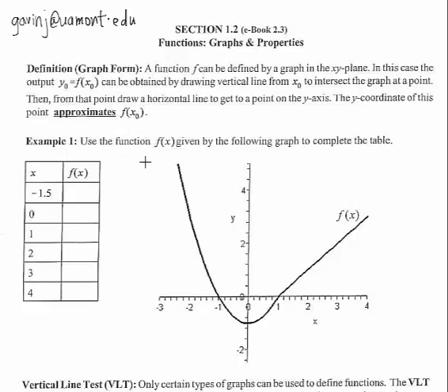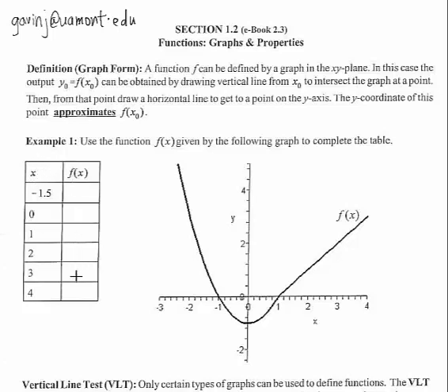Okay, so example 1, we are given a graph of a particular function f of x, but we are not told what the algebraic expression is that represents this function f. Okay, we're only given a graph. And so what we want to do is simply obtain the f of x given the x in this first table.